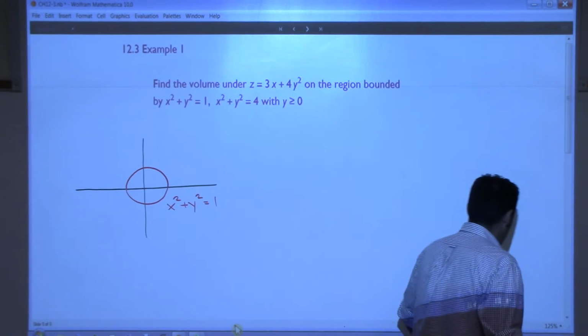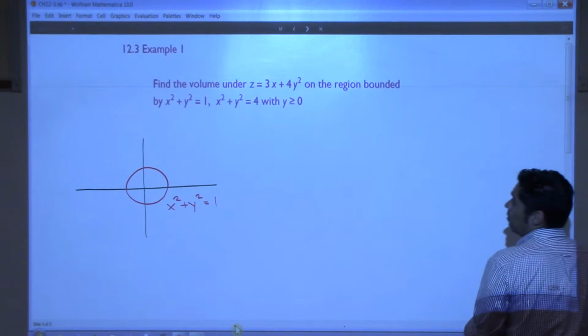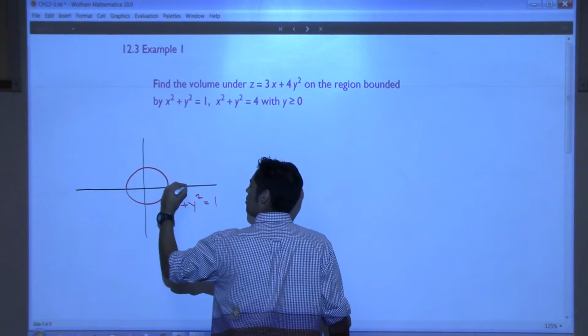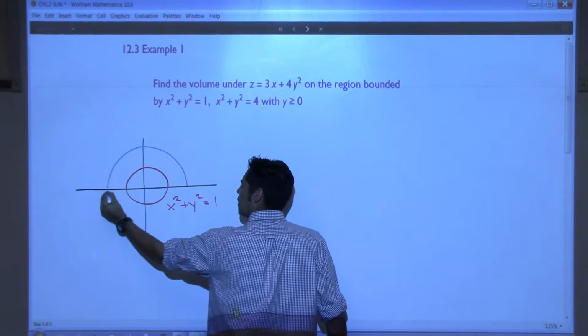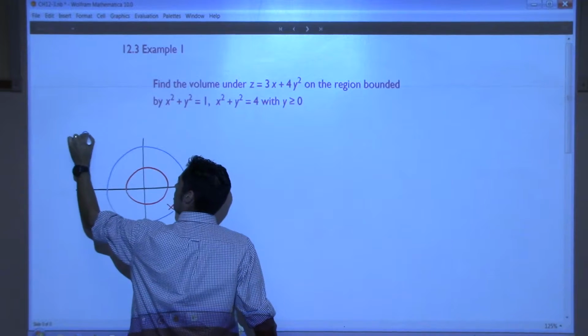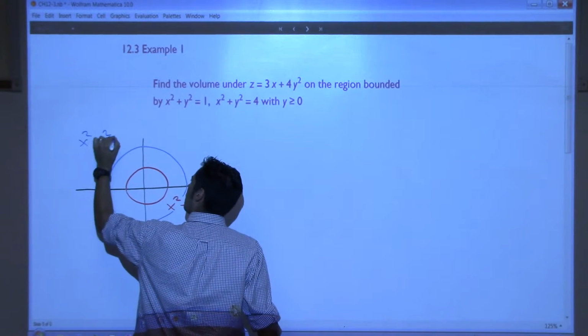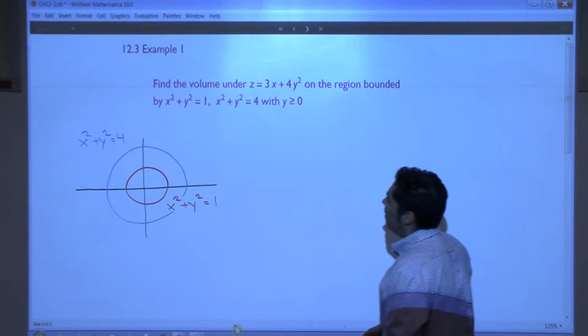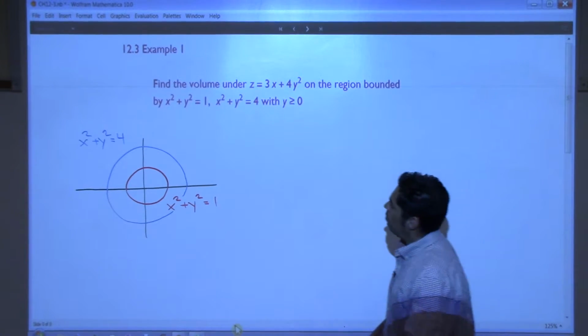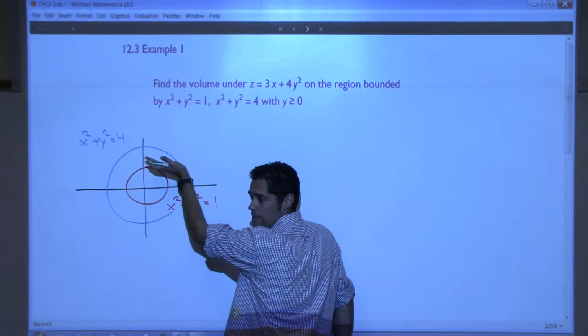And then we have x squared plus y squared equals 4, which is a circle with radius 2. And finally, y must be greater than or equal to 0, which means that we're only looking, what, above the x-axis, right?